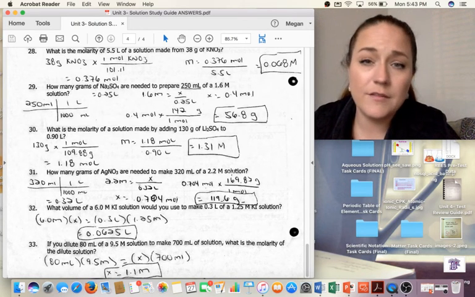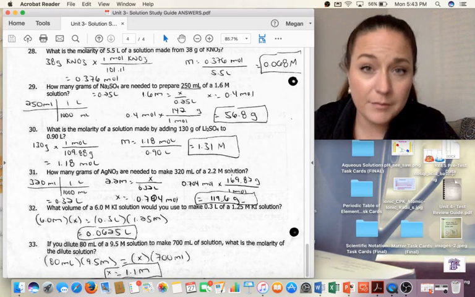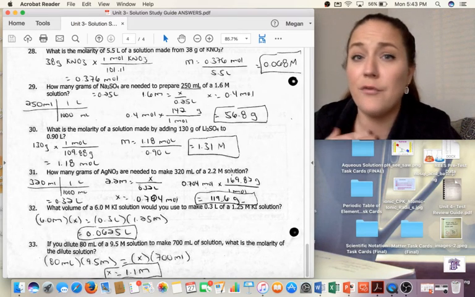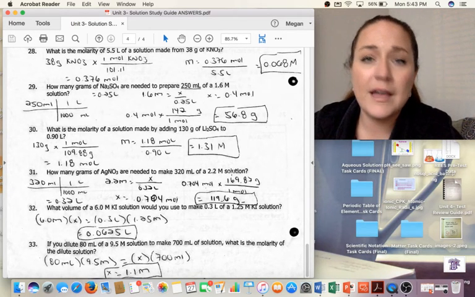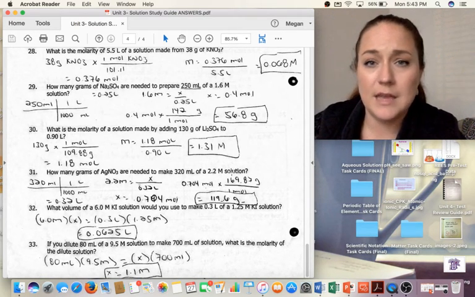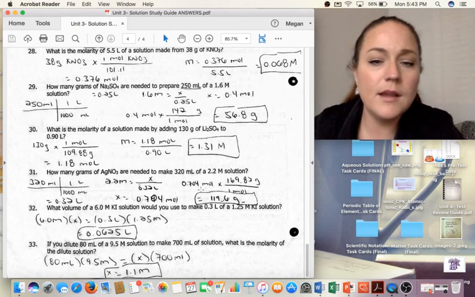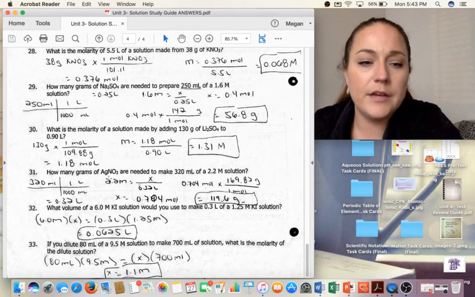If they give you three numbers and they're asking you to find a fourth one, that's going to be M1V1 equals M2V2.